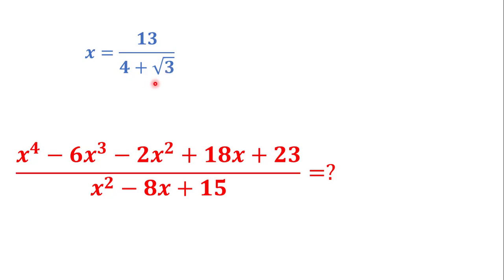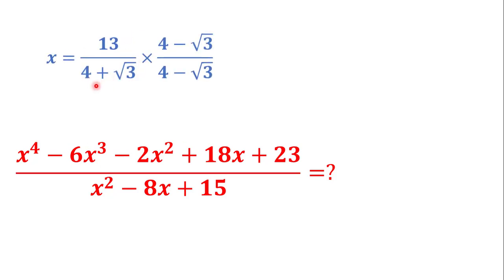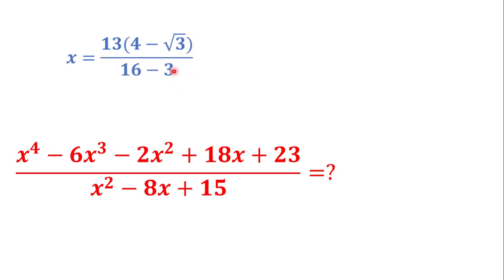The conjugate of 4 plus square root of 3 is 4 minus square root of 3. 4 plus square root of 3 times 4 minus square root of 3 equals 4 to the power 2 minus square root of 3 to the power 2, or 16 minus 3. 16 minus 3 equals 13, and 13 is going to cancel out from the denominator and numerator, and x is going to be 4 minus square root of 3.